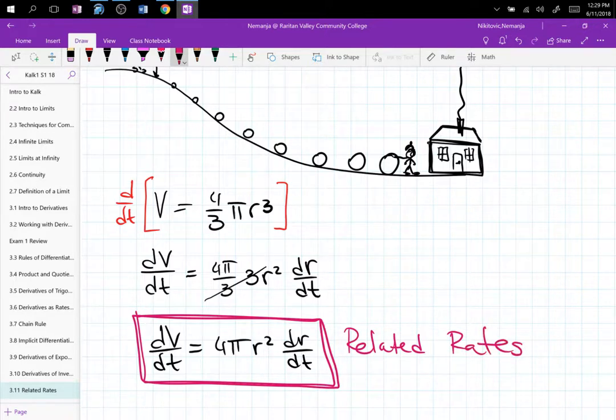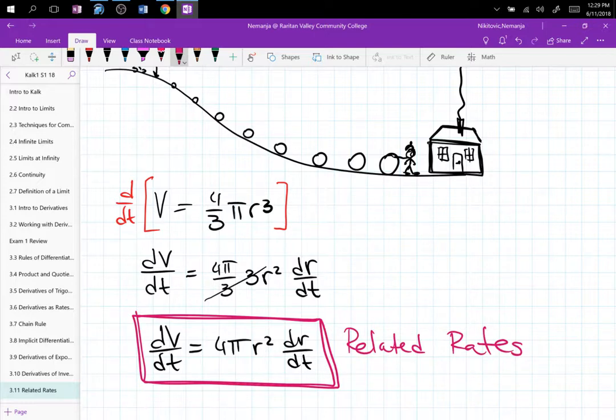Now this belongs to the vanilla pile of problems, because you know the sphere formula. If you don't know it, you will know it by Thursday, if you care. So you have the formula, you differentiate that formula, and you plug in the numbers that are given. If the radius of the snowball is increasing at the rate 1.7, and the radius is, I don't know, 1.2 feet, how fast is the volume changing?